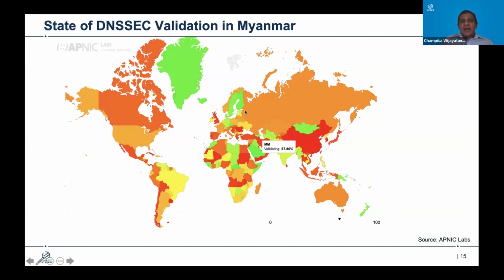In Myanmar, the validation is around 67%, which is quite good, because many of the operators in Myanmar are doing validation. That's why the average goes to something like 67%, or light green here. If you can get into the dark green range, over 90% or so, I think that would be very good.